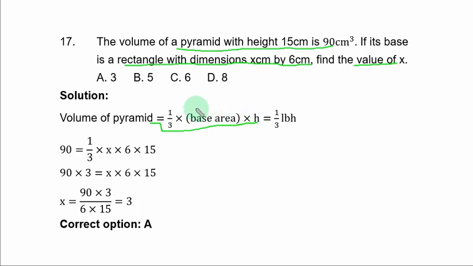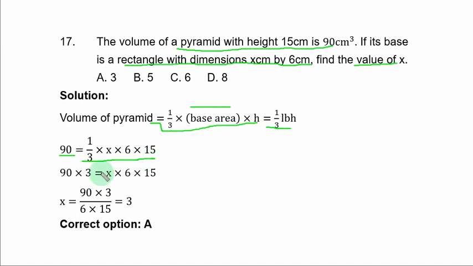Here, the base area is the area of a rectangle, that is length times breadth. So the volume becomes 1/3 times length times breadth times height. The volume is 90, 1/3 times S times 6 times 15.